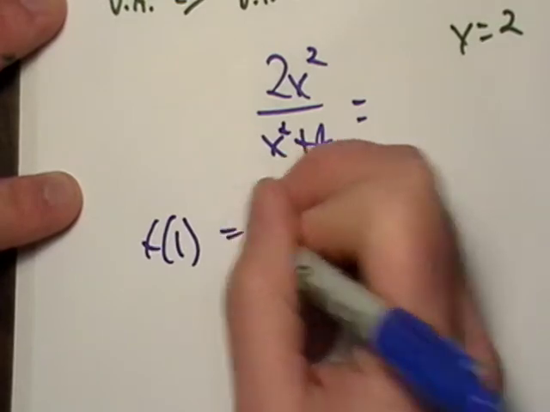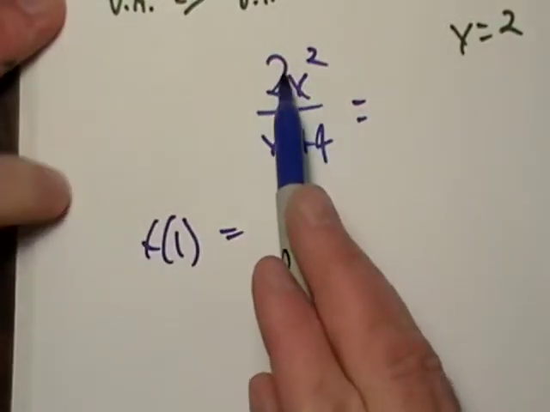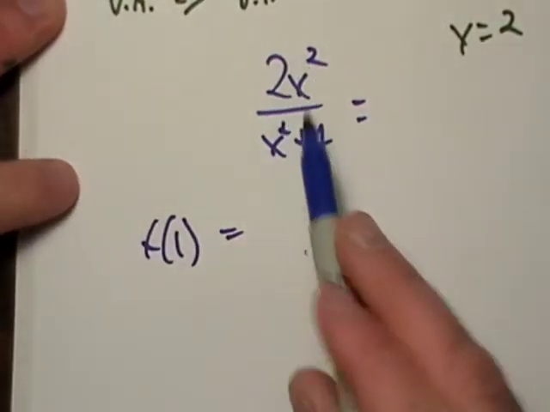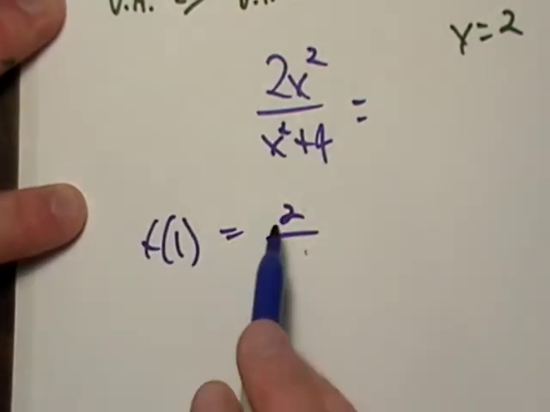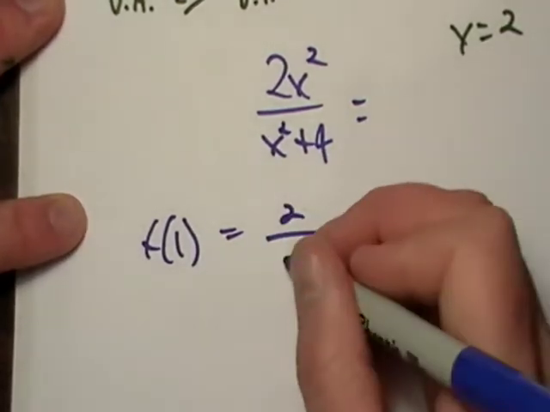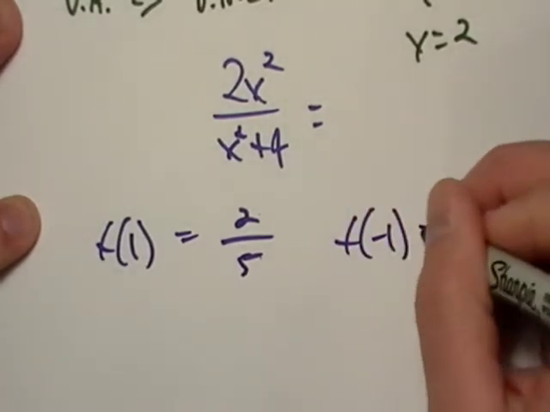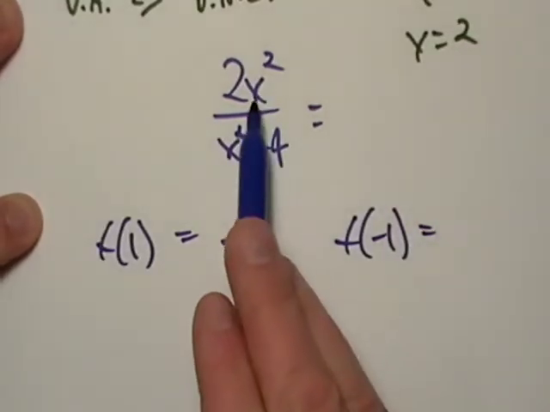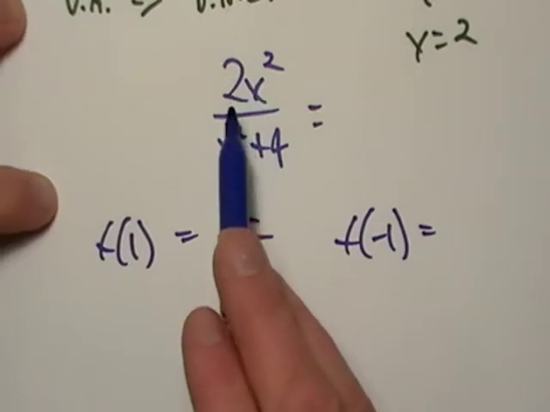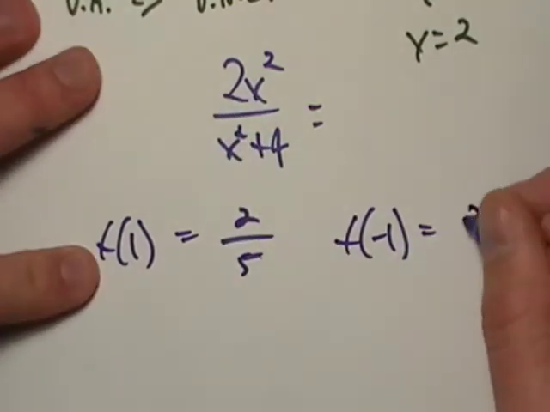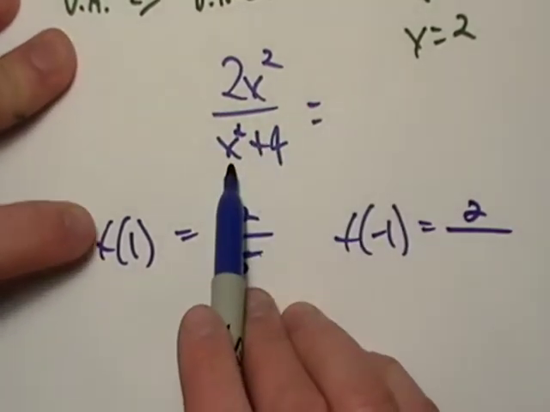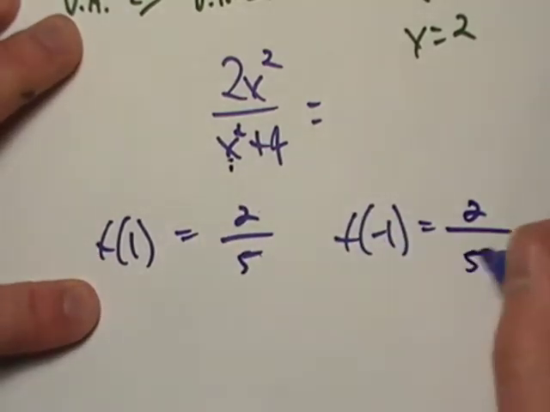f of 1, that's going to be 1 squared is 1, 2 times 1 is 2, over 1 squared plus 4 is 5. Okay, f of -1. -1 squared is just 1, so that says 2 over 1 plus 4, which is also 5.